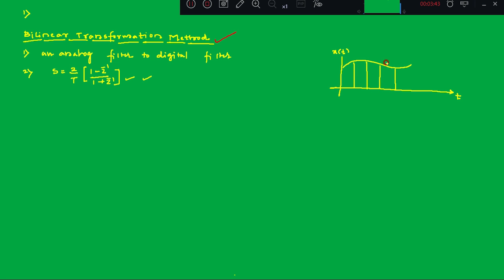What is the area under this curve, if I take these two samples? Here I will take (n minus 1) times T, and here it is nT. And this sampled signal, let me call this y of (n minus 1)T, and this one is y of nT, where T is known as the sampling interval.